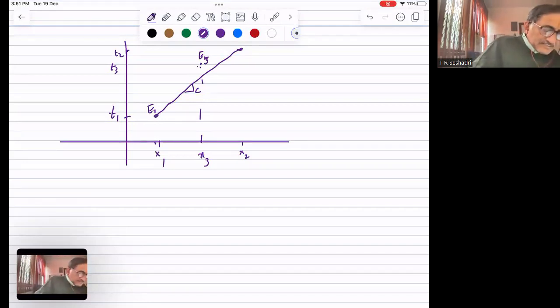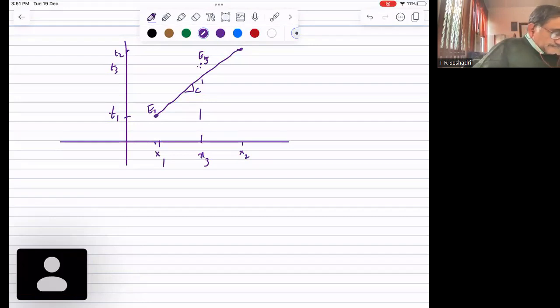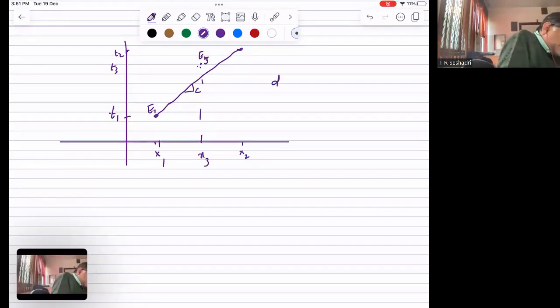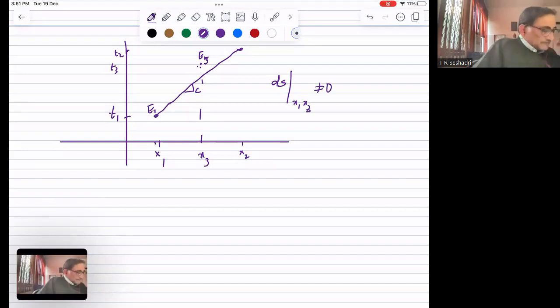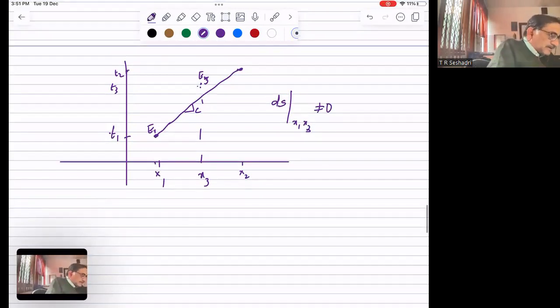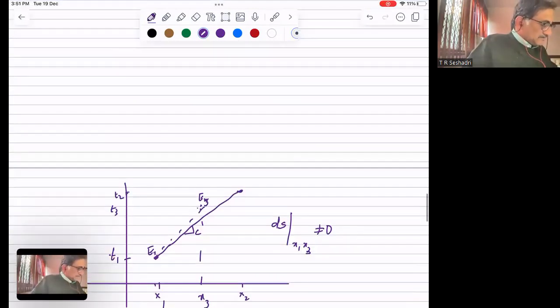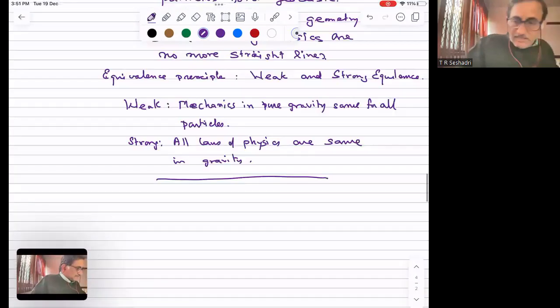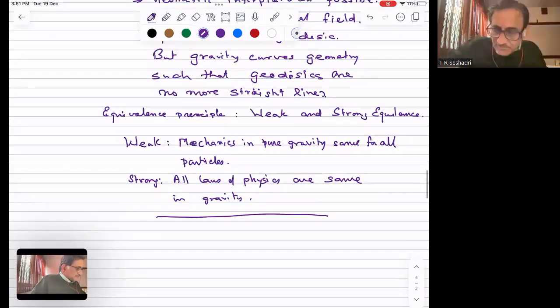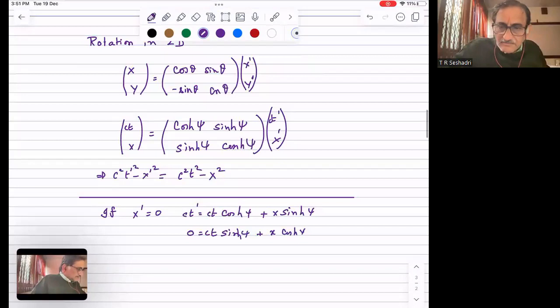Is this clear? Okay. So if I calculate ds for x1, x3, this is not equal to 0, because this is not along a light path.